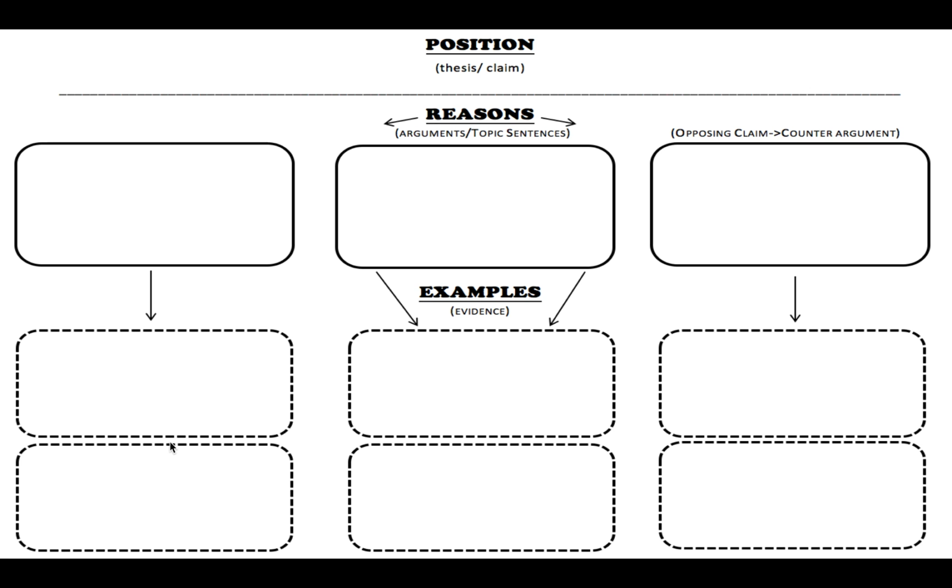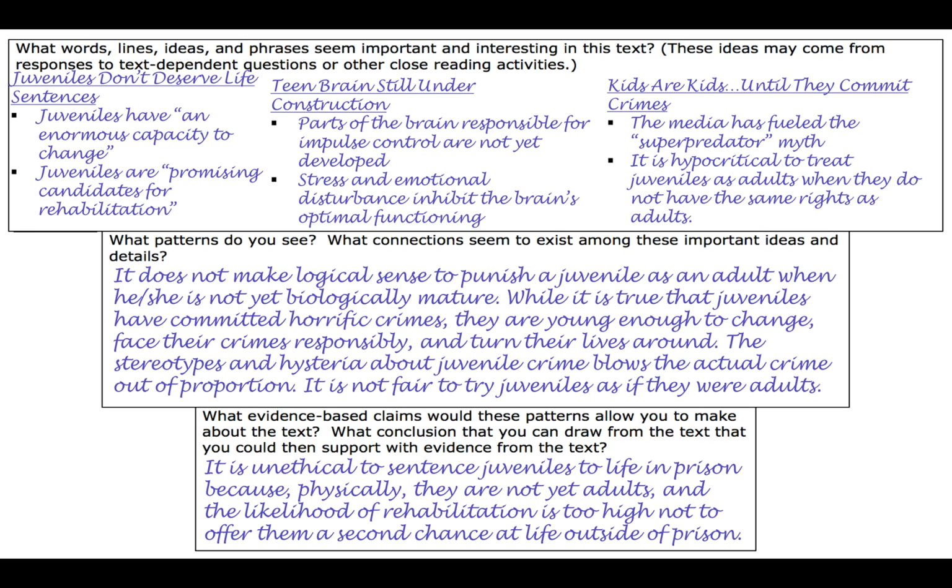So let's go back to this evidence-based thesis that we talked about a couple of videos ago. We were able to narrow down our topic to one thesis based upon some evidence that helped us discuss our point of view, which was that we do not agree that juveniles should be sentenced to life in prison.